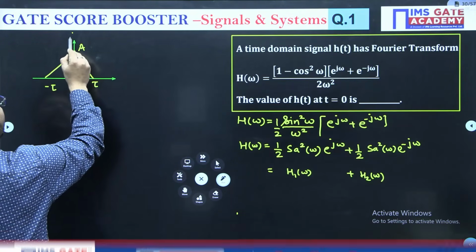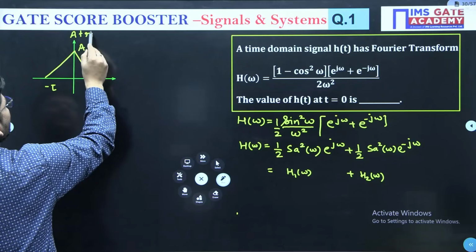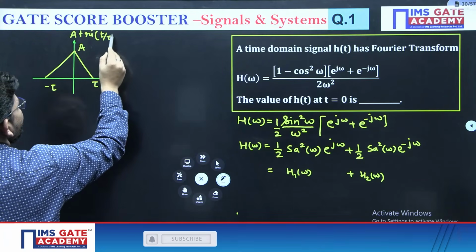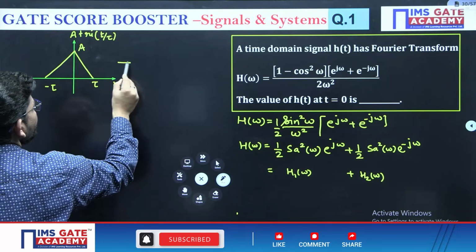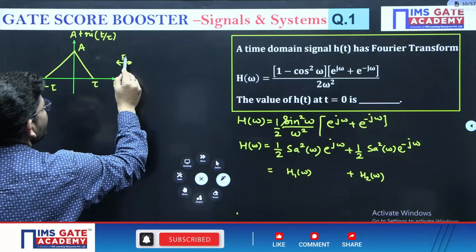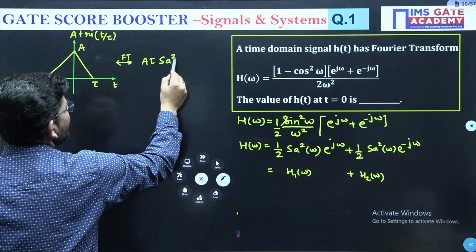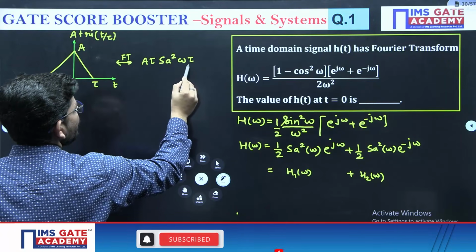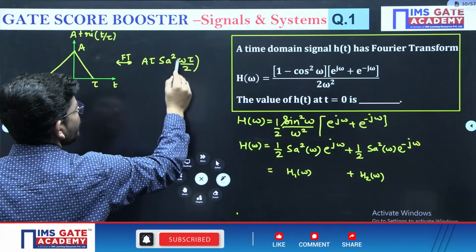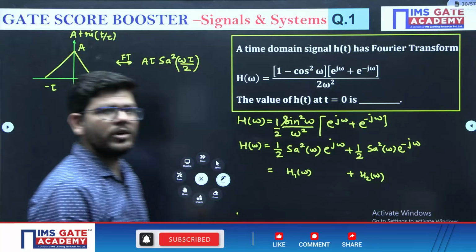So if we have a triangle of t by tau in time domain, then the frequency domain after taking Fourier transform will be A tau Sa squared (ωτ/2). This is what we will get.